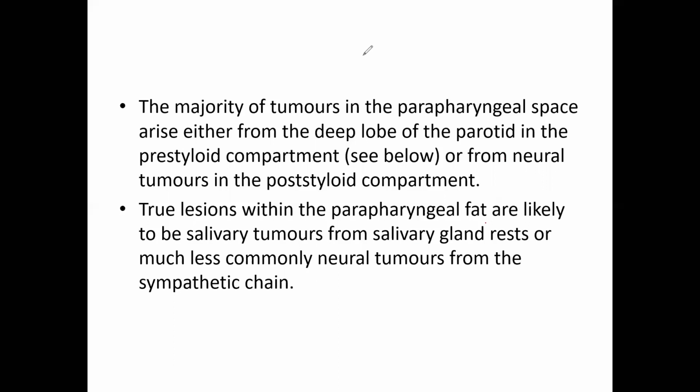Once again, we are taking it as this is the styloid process on the left side and this is the styloid process on the right side. Once again, we're taking the mandible like this. So you have got the styloglossus muscle. As you know, the tensor vascular styloid fascia is going to divide it into the pre-styloid compartment and the post-styloid or retrostyloid compartment.